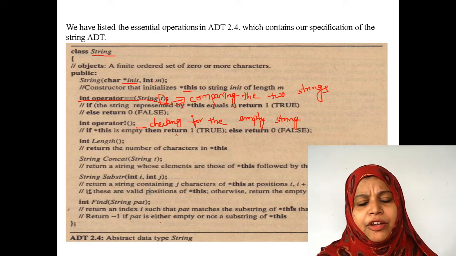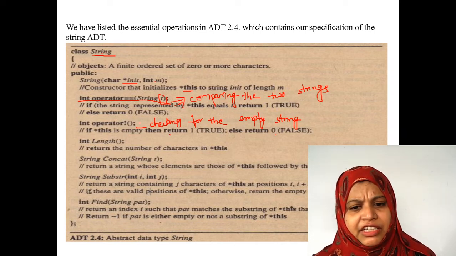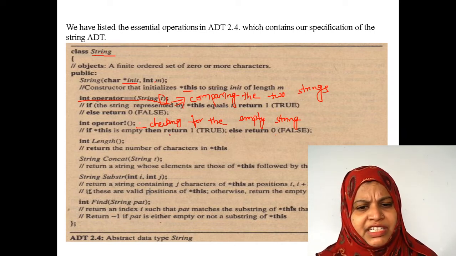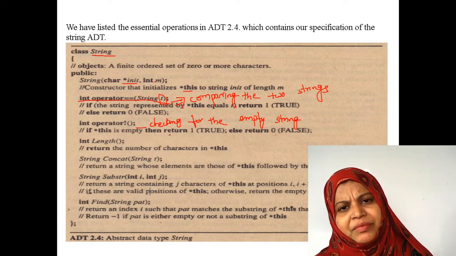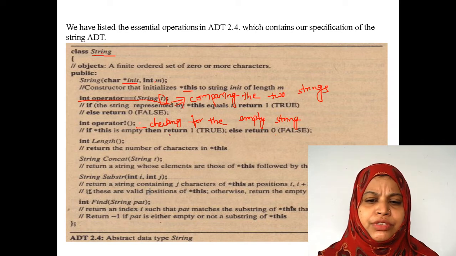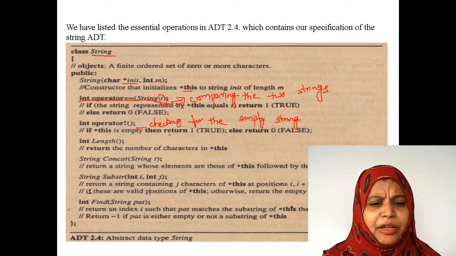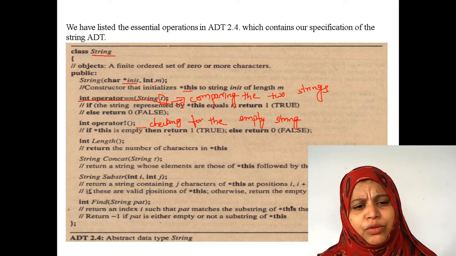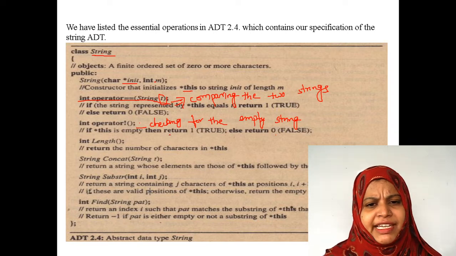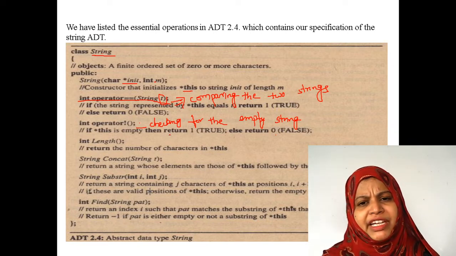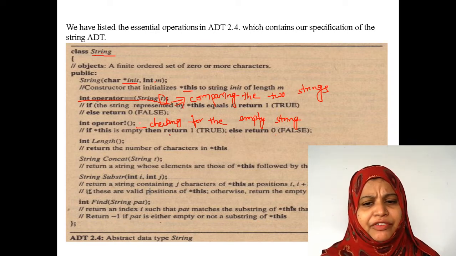If the string does not have any characters, if the string is null, then it will return 1. If it is empty, then it will return 1; if the string is not empty, then it returns 0. So we check the empty string by using the exclamation operator with open and close parentheses, to check whether the string is empty or not. In the first case we are checking whether two strings are equal or not, comparing the two strings. In the second case we are checking for the empty string.